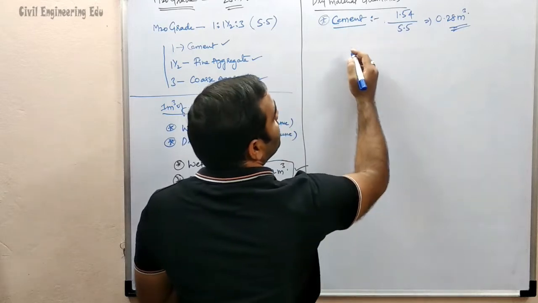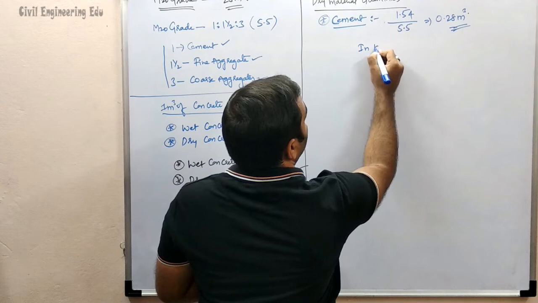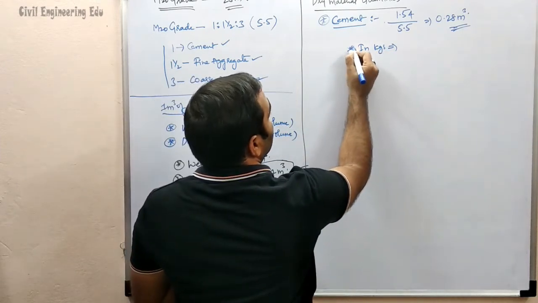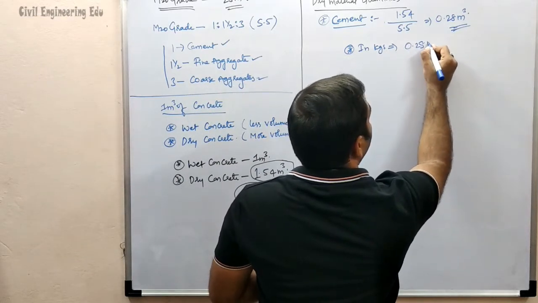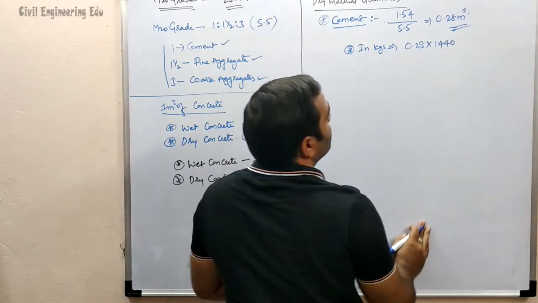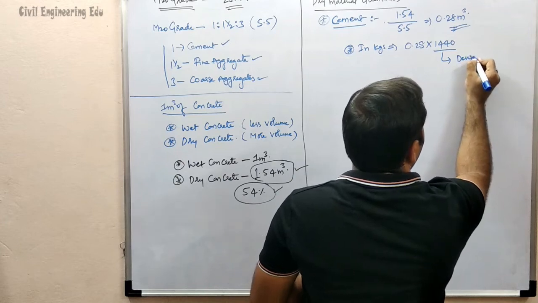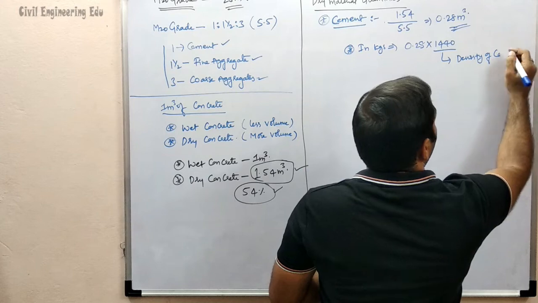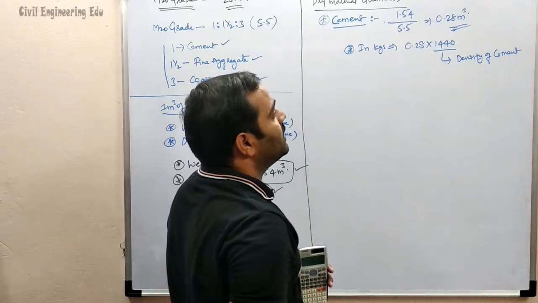We need to convert this into kgs and number of bags. So in kgs, how to convert this into kgs? Simple, 0.28 into 1440. So here what is 1440? This is density of cement.